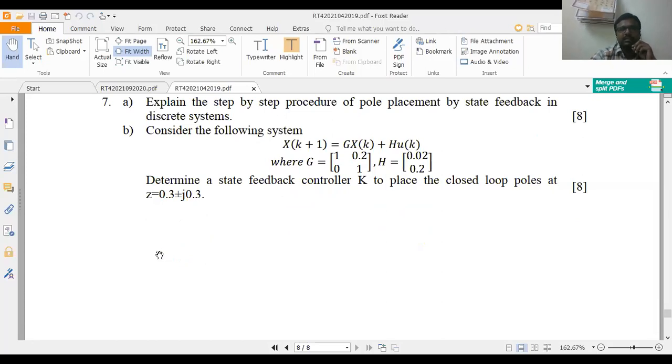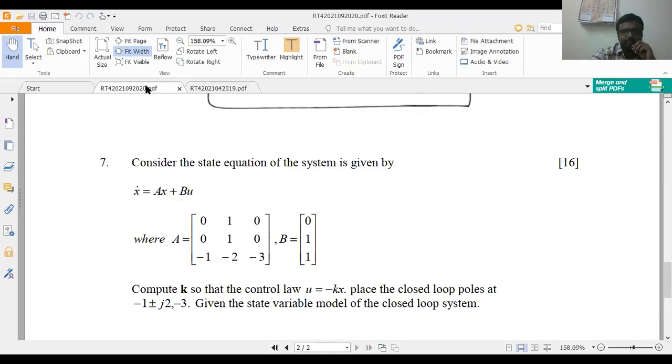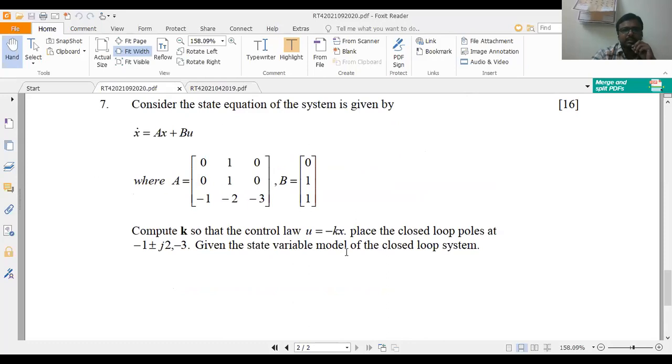Or else, if the same problem is asked with a 3 by 3 matrix, it will definitely be asked for 16 marks. So this is a definite and compulsory question regarding unit 6.